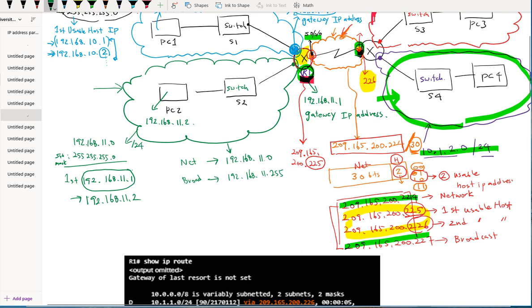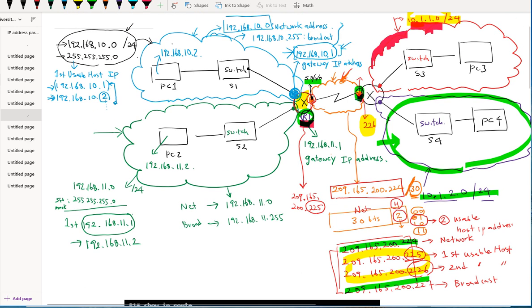And think about it, from R1's perspective, to get to this red network, you have to go through this 226 address, 209.165.200.226. You have to go through this interface to reach the final destination network.